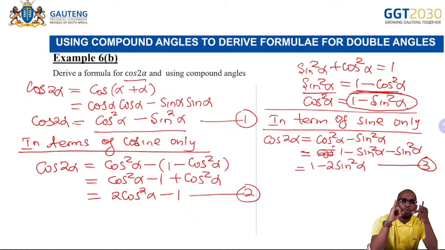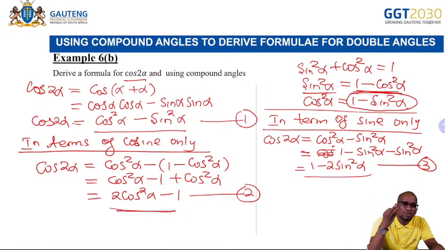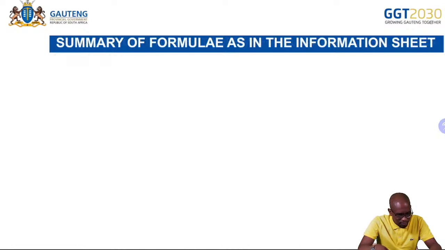So you can see here that there are 3 different equations that can be used to expand the cosine. 1, you can use one that has both the cosine and the sine. 2, you can use one that has been expressed in terms of the cosine only. Or 3, you can use one that has been expressed in terms of the sine only. So because of that, we say that we have 3 formulas, and it's important to know later on in identities that's what you'll be applying. Right.